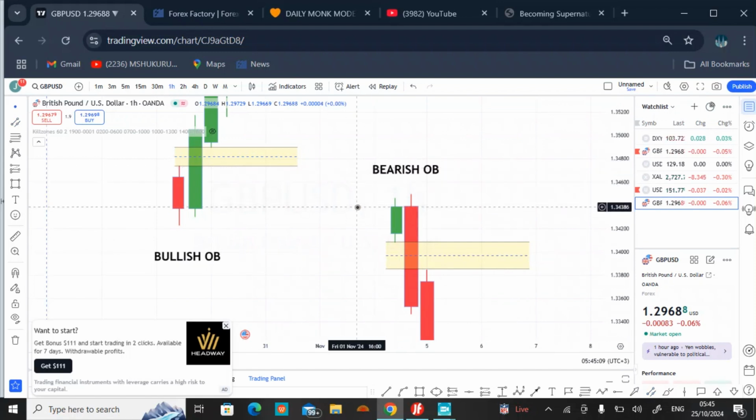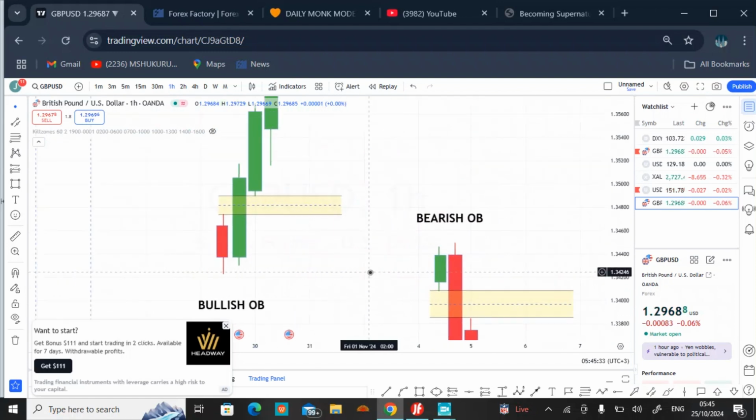A fair value gap, or an inefficiency or an imbalance, is formed when we have space left between the first and the third candle. We had looked at this in our previous videos. It is formed when there's a gap between the first and the third candle here.